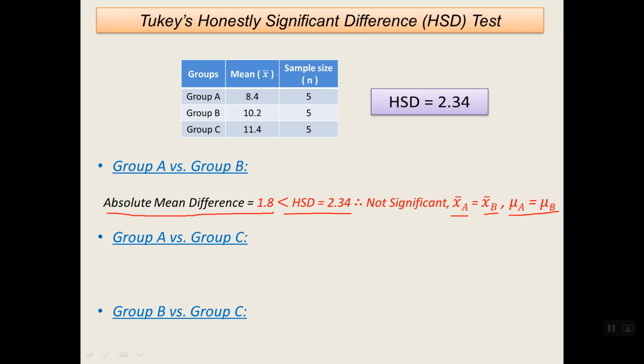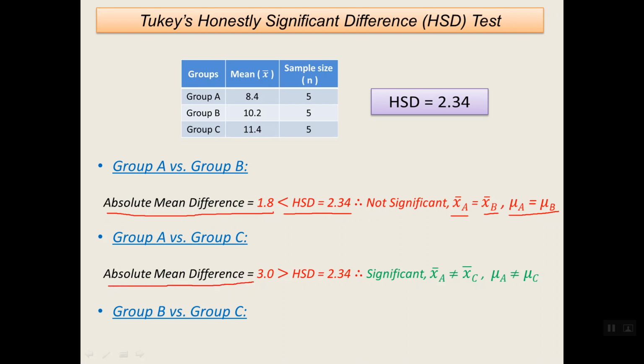Regarding group A versus group C, the same procedure. The absolute mean difference is equal to 3, and 3 is greater than the value of HSD, which is 2.34. So there is a significant difference between the mean of group A and the mean of group C, which means that the two means are not the same.